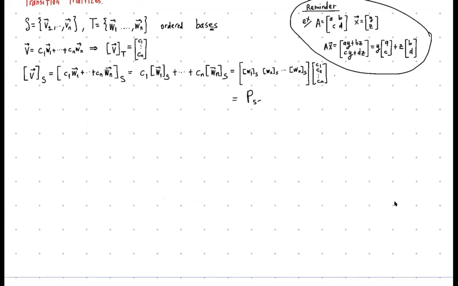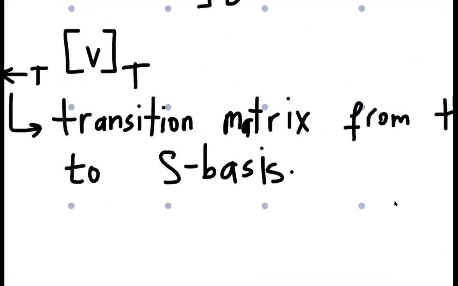Its name was V sub T. So here this guy is called the transition matrix from the T basis to the S basis.